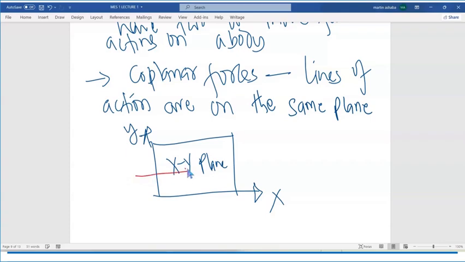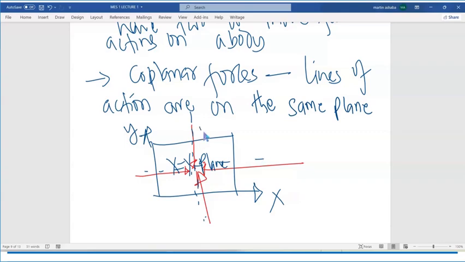For example, here, you have this, you have that, you have that. So you see that the lines of action of these forces are all lying on the xy plane.